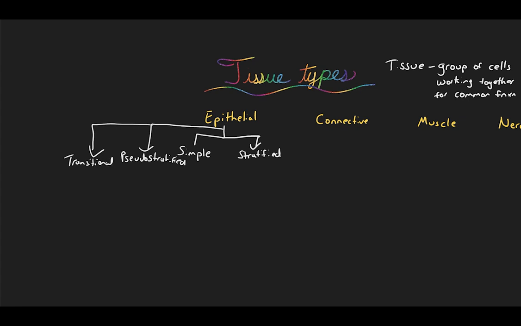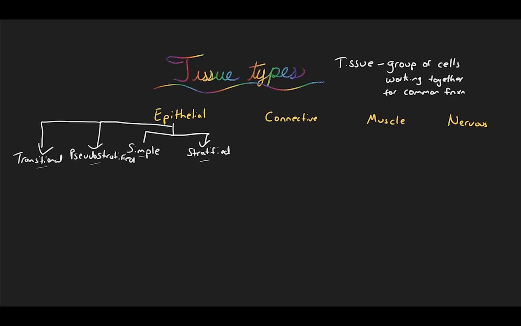So four different types of epithelial tissue: transitional, pseudostratified, and then the big categories are simple and stratified. We'll talk about those more in detail in a later video.